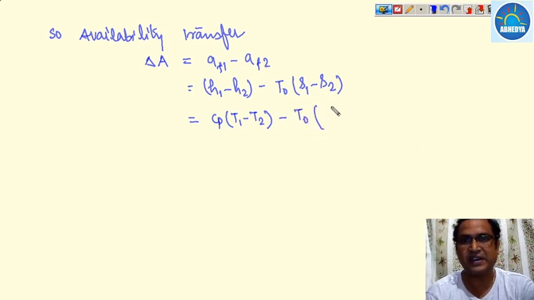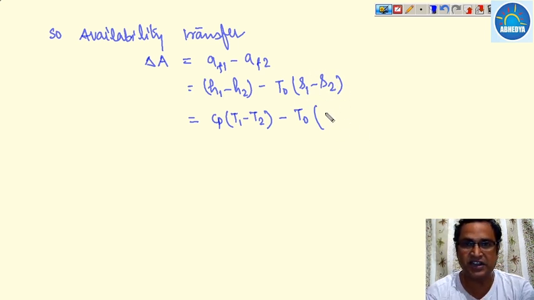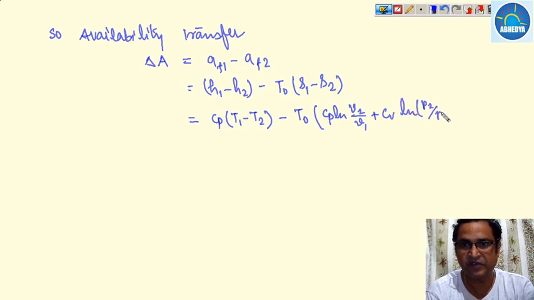Now what is S1 minus S2? Since we know the volume as well as the pressure, the entropy difference can be written as Cp ln V2 upon V1 plus Cv ln P2 upon P1. This is for S2 minus S1.